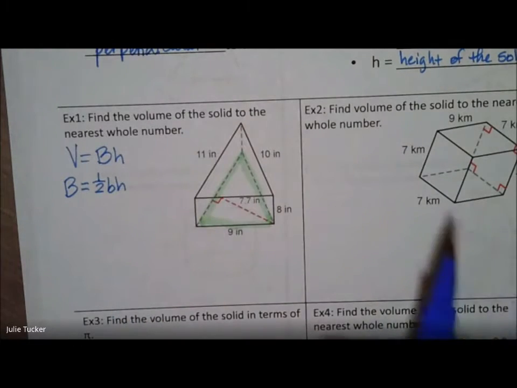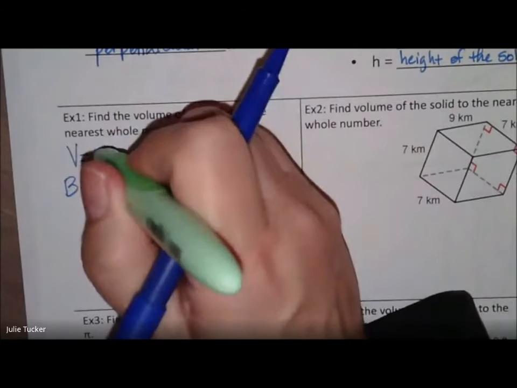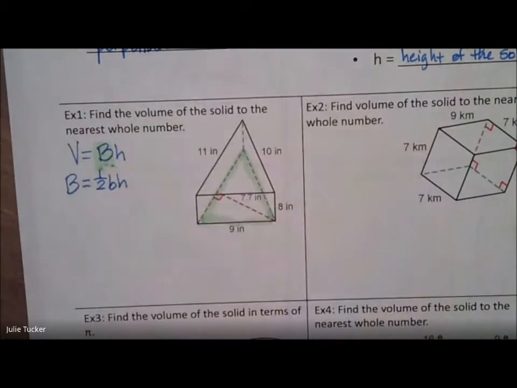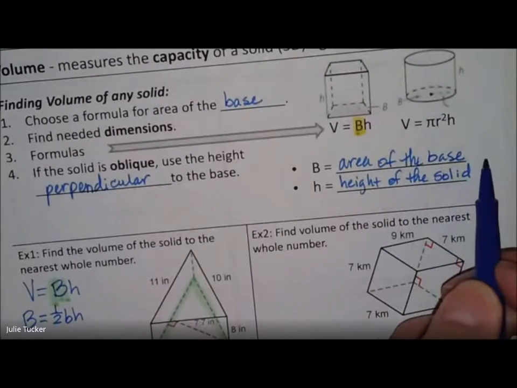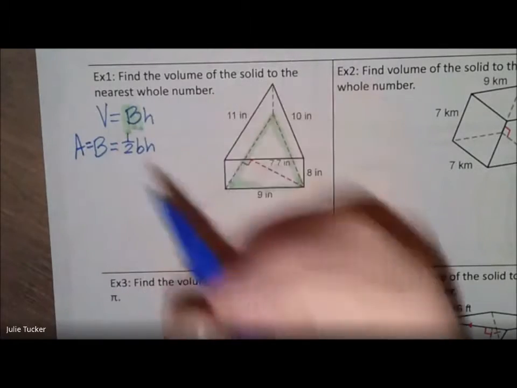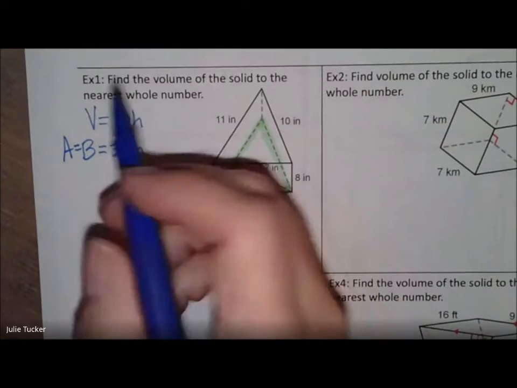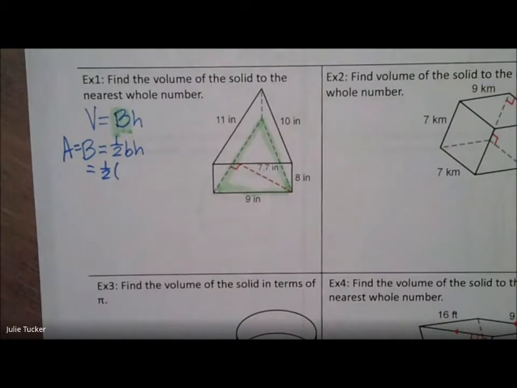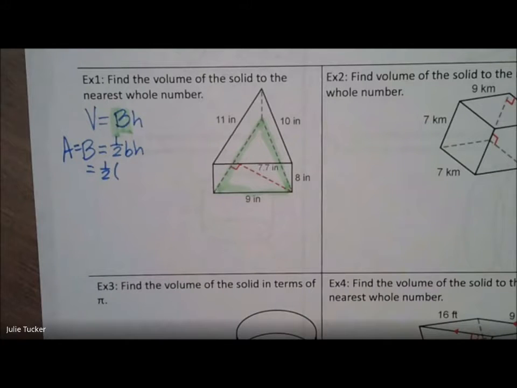Because, well, if you want me to, I can put an A here, but capital B stands for the area of the base. So we need to do 1/2 times, and then we need to figure out what is the base and height of that triangle.